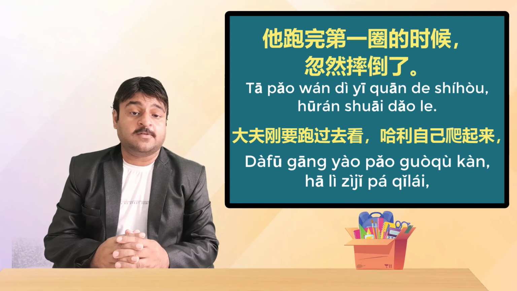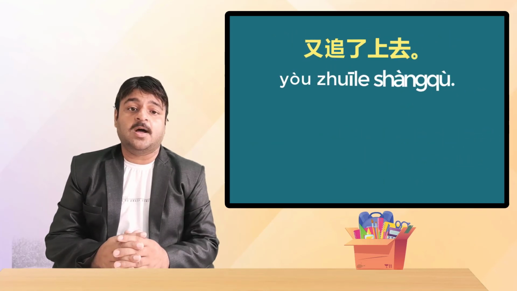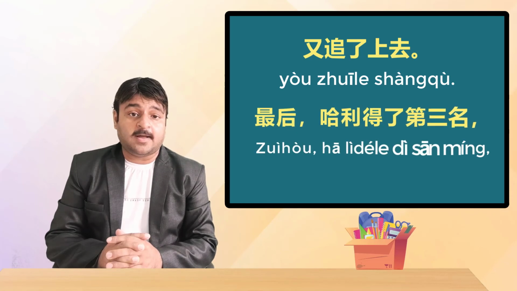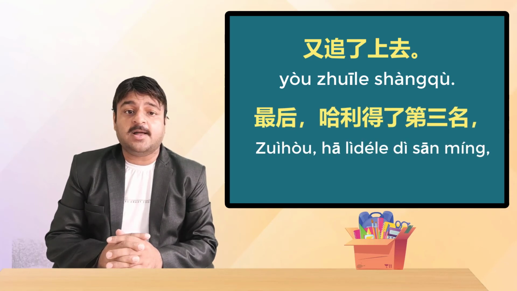Just when the doctor was about to go and have a look, Hali himself got up. 又追了上去, 又 again, 追 to follow, 上 up, 去 go. And again he went chasing in the race. 最后 at last or finally, 哈利得了第三名. At last Hali got third place or he stood third.